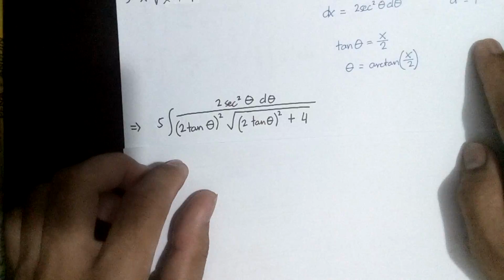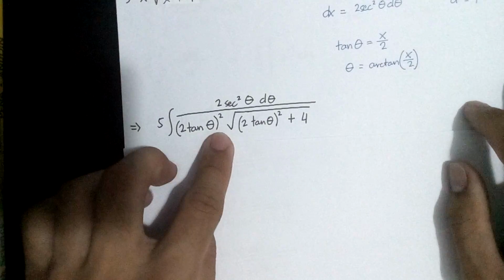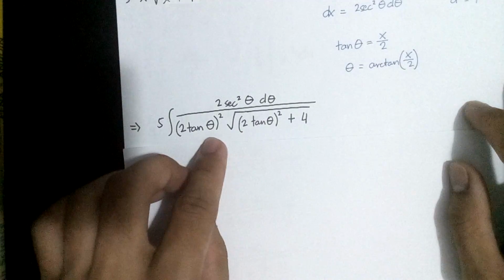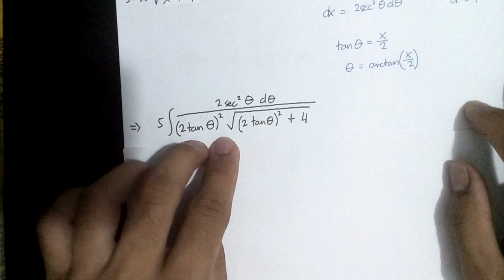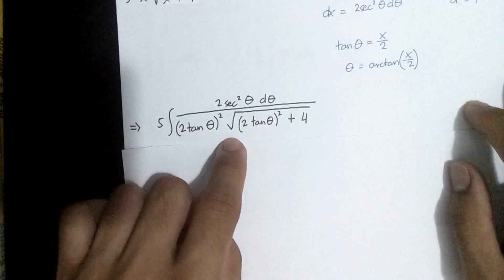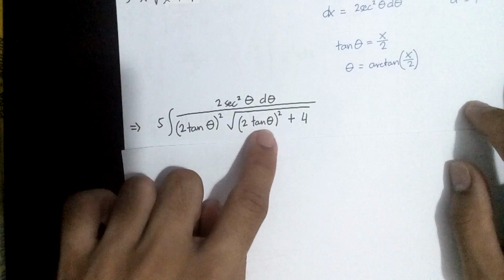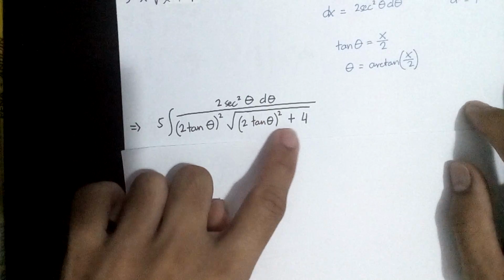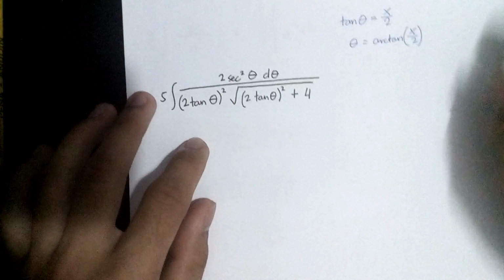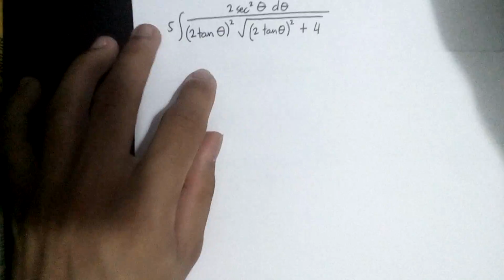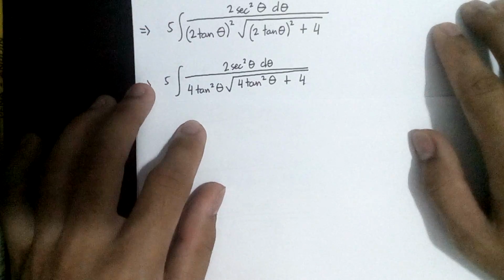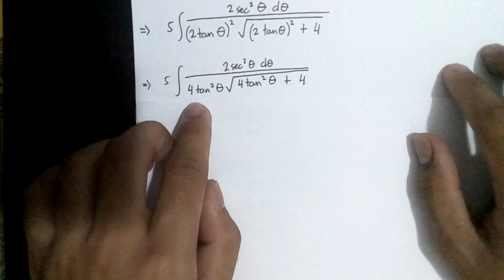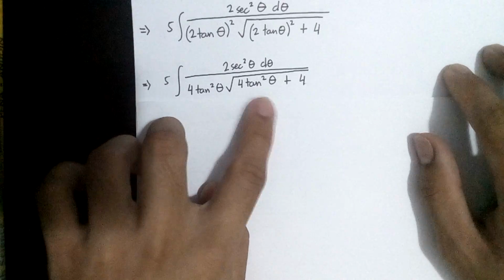Plugging in the values, we get 2 secant squared theta d theta all over the quantity 2 tan theta squared times the square root of the quantity 2 tan theta squared plus 4. Simplifying the squares, we get 4 tan squared theta for both.